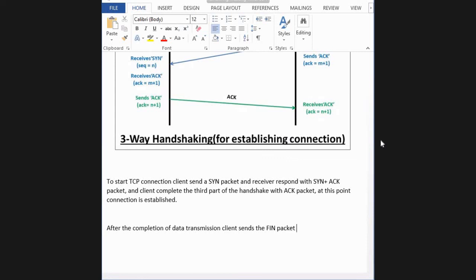And the server responds back with an acknowledgement. Now the server also understands that the client has sent all the data, right? With the acknowledgement, at this point, the connection is terminated.